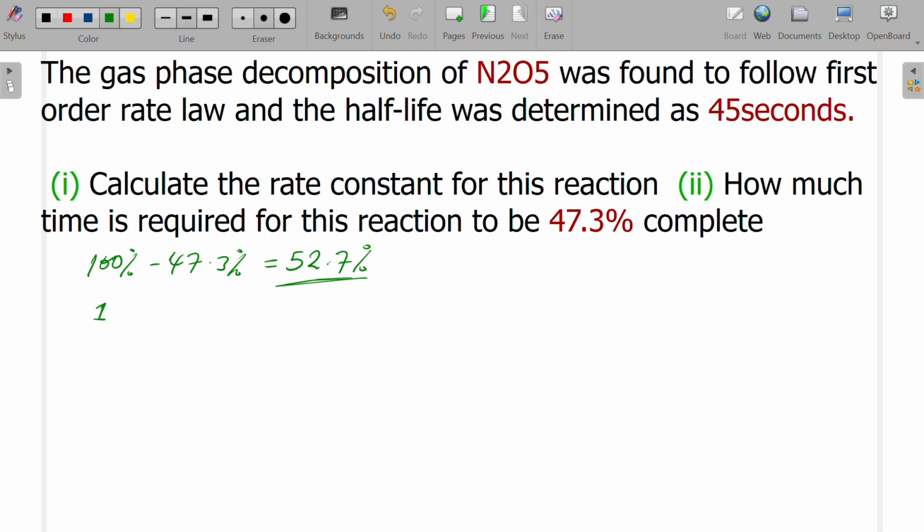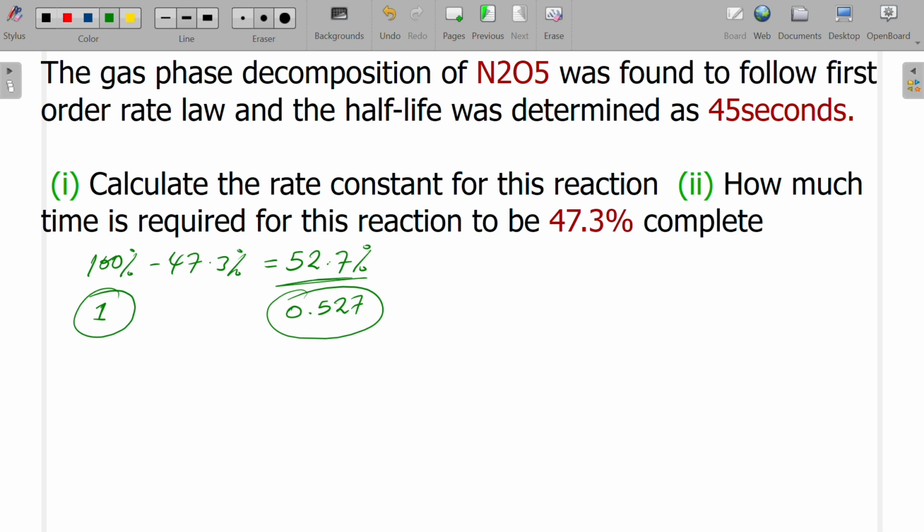So when you divide 52.7% by 100, what we are getting is 0.527. So these are the standard values we're going to use in determining the time it will take for the reaction to be 47.3% complete. So let's go ahead and do that.